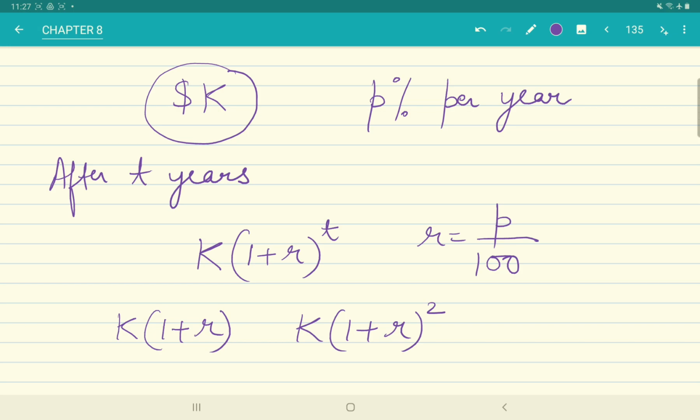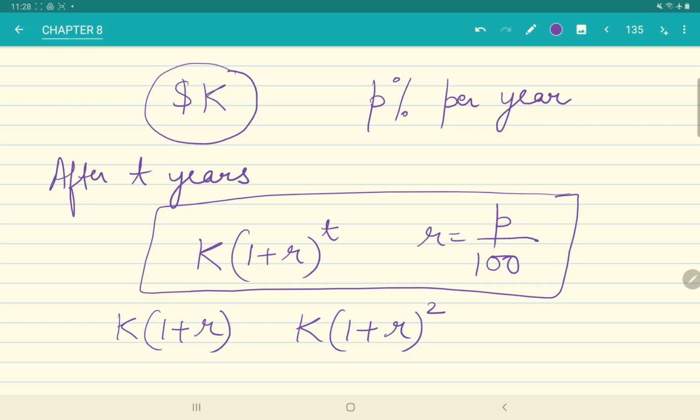So after t years, the deposit of k dollars earning interest at the rate of p% per year would increase to this.